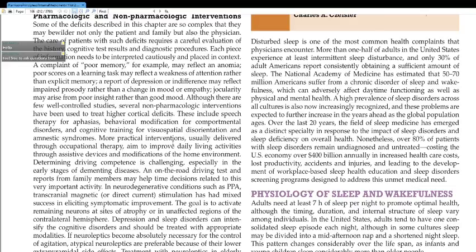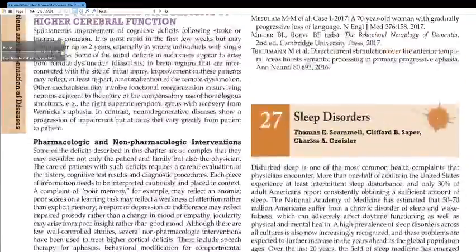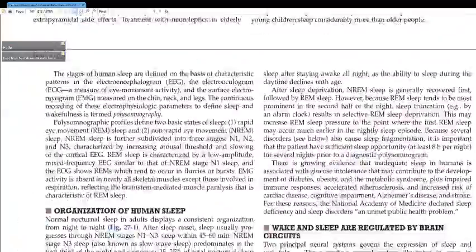Occupational therapy, and neuroleptics for agitation. Okay, so we're done with this.